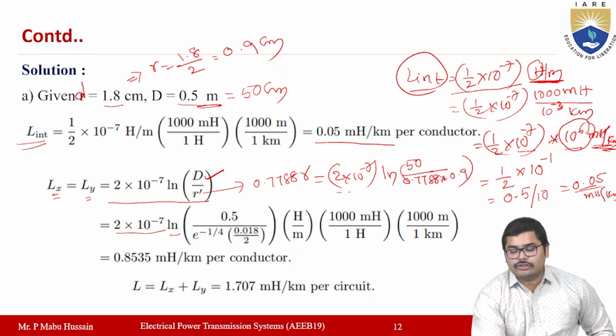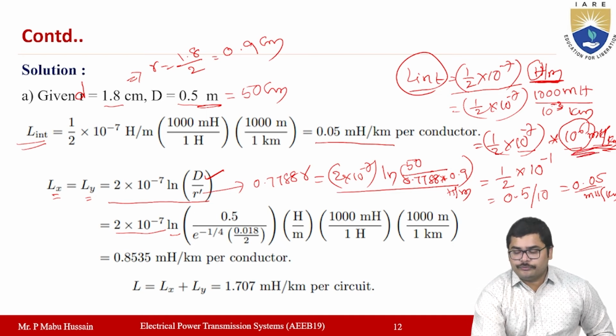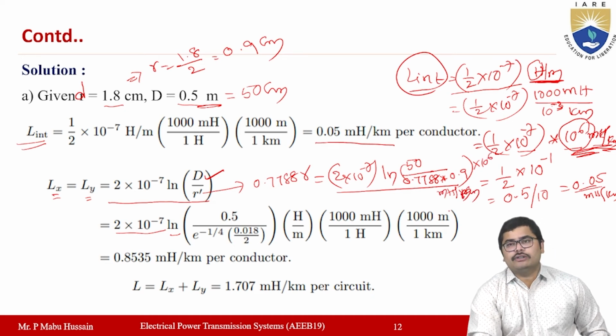Once you calculate this, you will get the value in henries per meter. Now you have to convert this henries per meter into millihenries per kilometer, so you simply multiply with 10 power 6. Once you multiply with 10 power 6, the value you get here is in millihenries per kilometer.